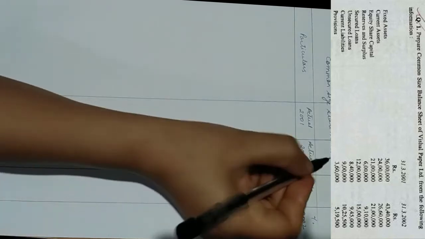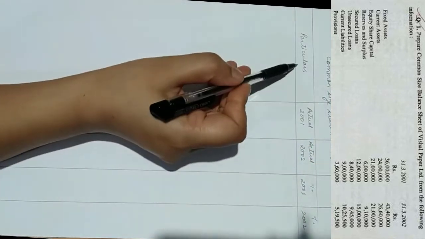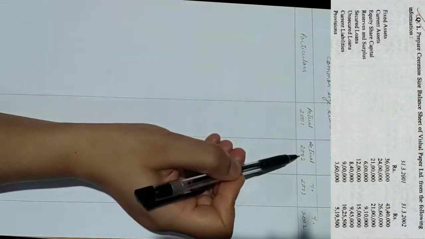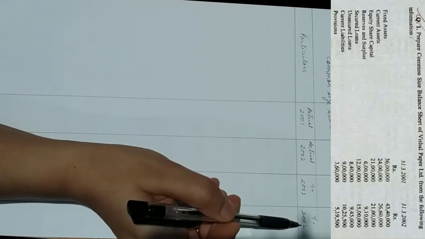For this common size statement we have to have the same kind of format: a particulars column, a previous year column, a current year column and percentage columns. First is the particulars column, and 2001 and 2002, the years given in the question, will be the actual amounts given in the balance sheet, and the percentage of 2001 and 2002 we have to write.